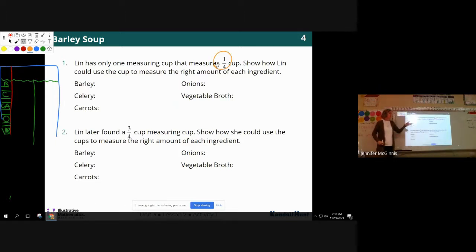Look at your recipe. How much barley does she need, Bobby? 3/4. And if she only has the 1/4 measuring cup, what? She'd have to do it 3 times, and we're going to write that like this.